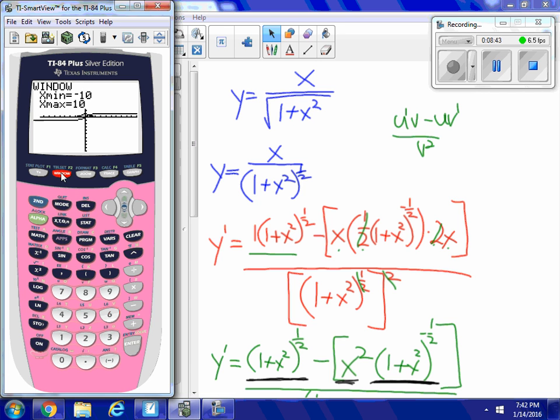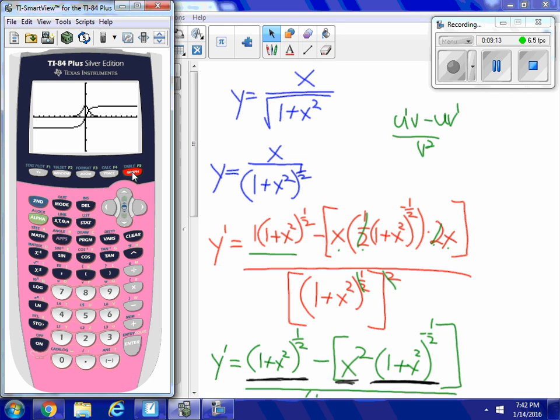So I'm going to go to my window, and I'm going to change my y minimum to like -3 and my y maximum to +3. I'm going to push graph, and let's see what it looks like. There's the function. And here comes my derivative. My derivative, I can see, is going to be 0 for much of that way because the slope of my original function is flat, it's horizontal, or very close to it.